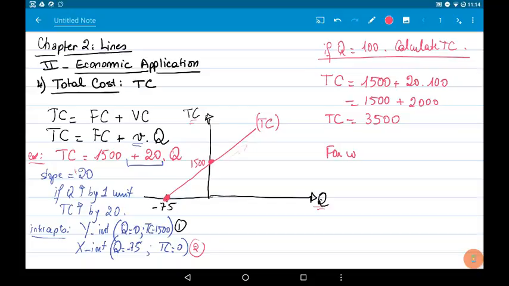For what quantity is TC equals 5,000? We have TC equals 5,000. We replace TC with its value.